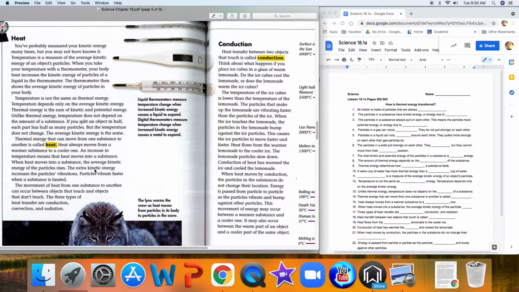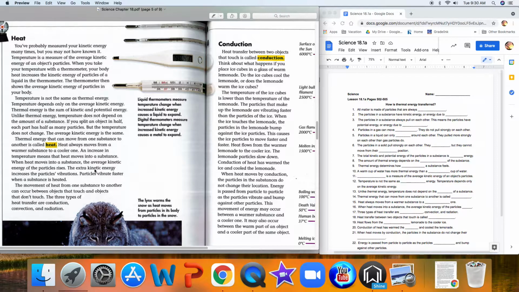Okay? Third paragraph. Thermal energy that can move from one substance to another is called heat. Heat always moves from a warm substance to a cool substance. An increase in temperature means that heat moves into a substance. When heat moves into a substance, the average kinetic energy of the particles rises.